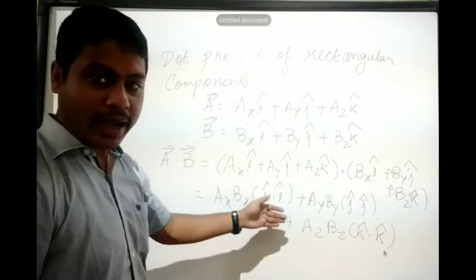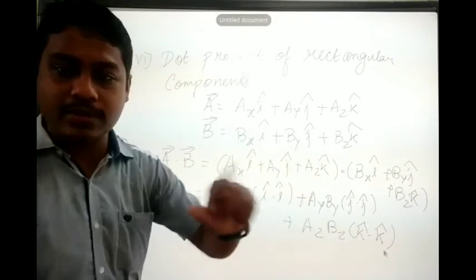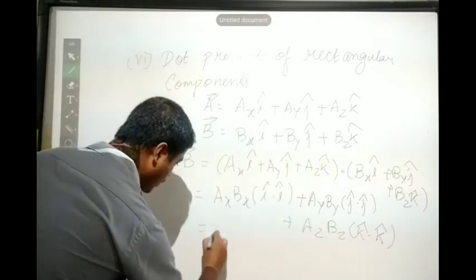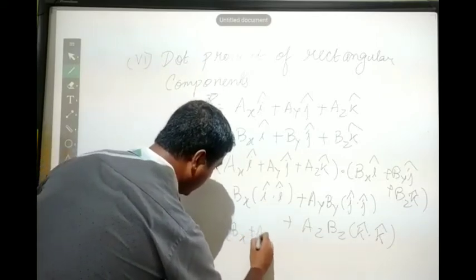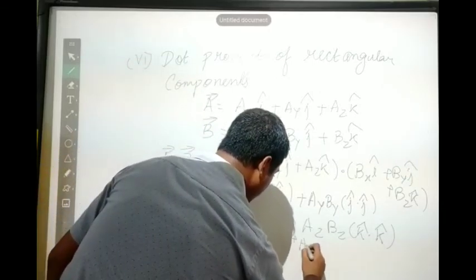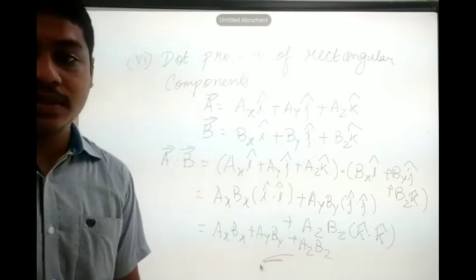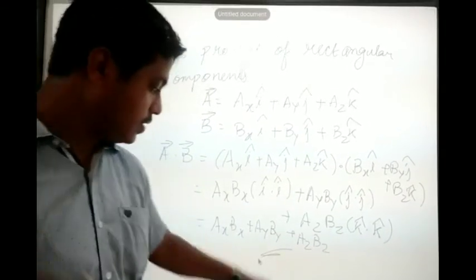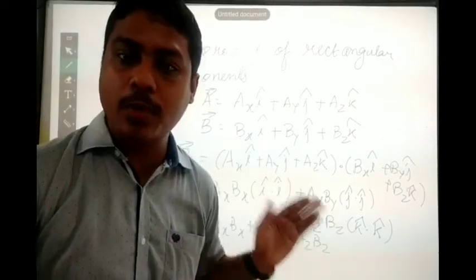Clear? So if I multiply, i cap dot i cap is 1, j cap dot j cap is 1, k cap dot k cap is 1. So it will be ax bx plus ay by plus az bz. This is your answer.